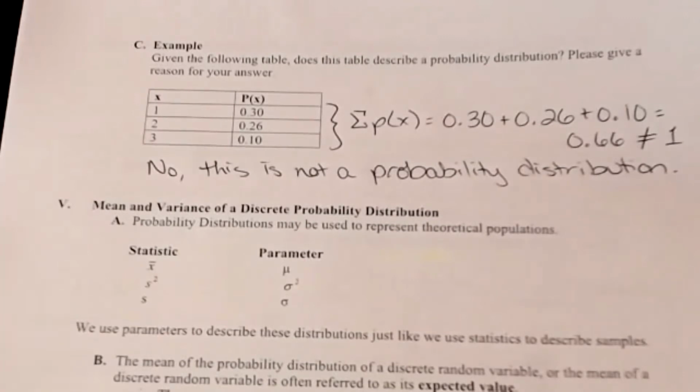Okay. Now we want to calculate the mean and the variance of a discrete probability distribution. You remember how I mentioned at some point that it's a good idea to have a sheet that contains all of your formulas. We're about to meet a couple of formulas that should be on that sheet. You should label it mean and variance of the probability distribution, and then have the formulas right there, ready to go.